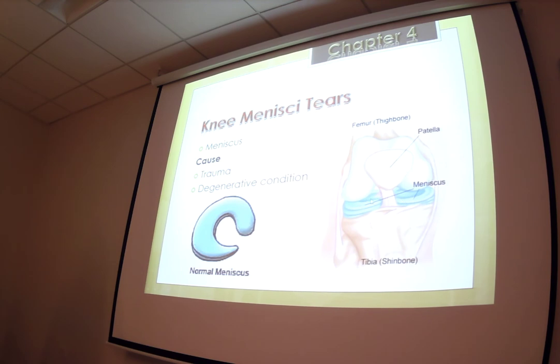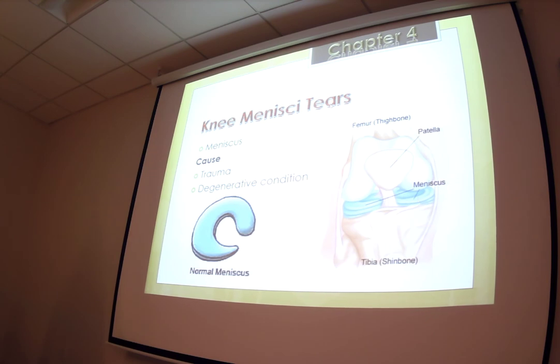So the knee meniscus is essentially the C-shaped discs, if you will, that sit between the femur and tibia. There are two pads, essentially cartilaginous tissue, that help disperse the friction in the knee joint.